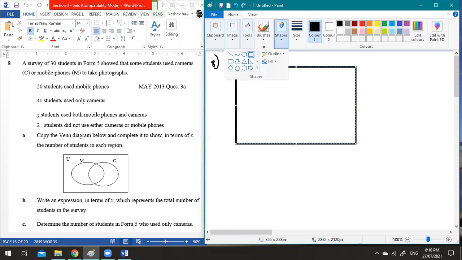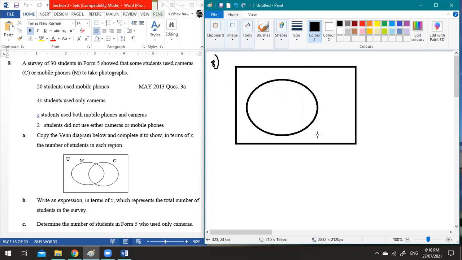So it's here. The number of students in the universal set is 30. Call this C, call this M. Cameras is 4x, so we don't have to put the number of elements in that one.